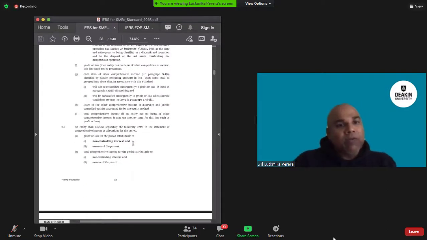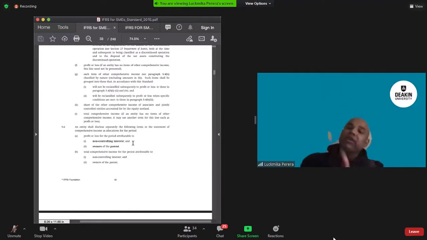Okay. An entity shall disclose separately the following items in the statement of comprehensive income as allocations for the period. So we have non-controlling interest and owners of the parent, which either has a profit or loss from those entities. Total comprehensive income for the period attributed to non-controlling interests and owners of the parent.